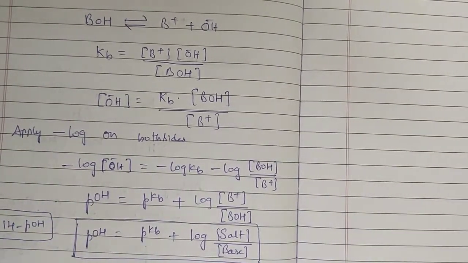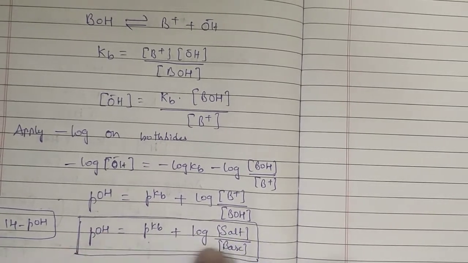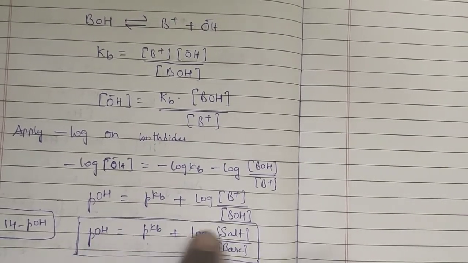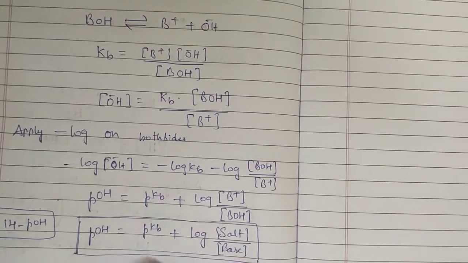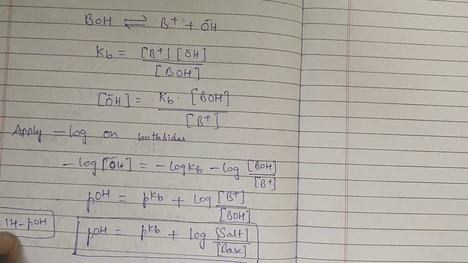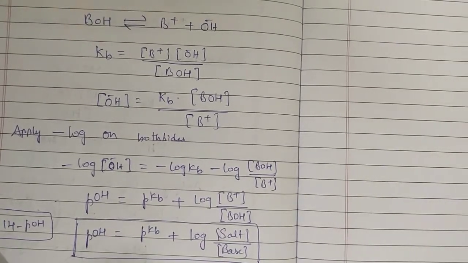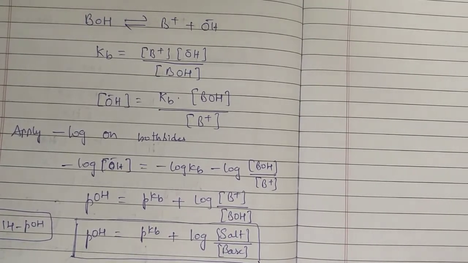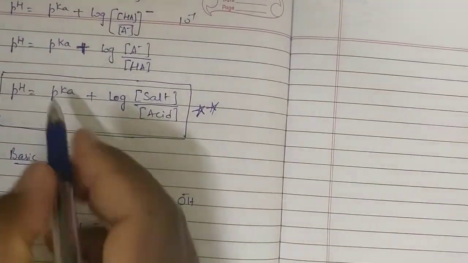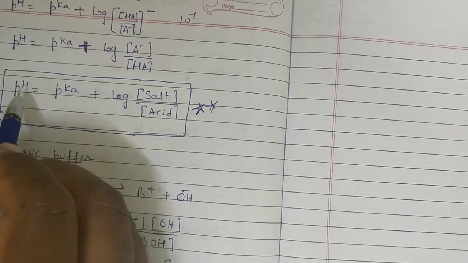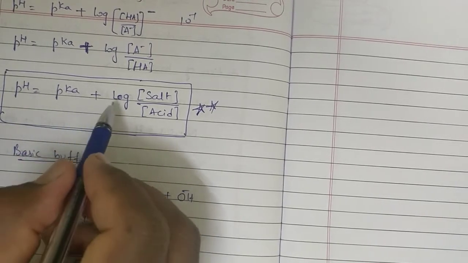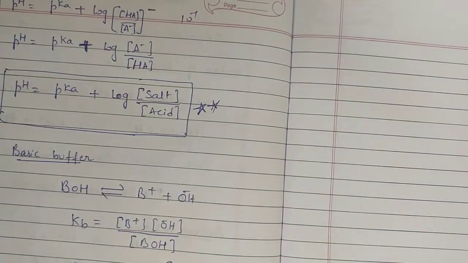No need to remember a completely separate pH formula for this. First find this value, and that value should be subtracted from 14, and you will get pH. As we already know, pH plus POH is equal to 14. Observe, for an acidic buffer, pH is equal to pKa plus log concentration of salt by acid.